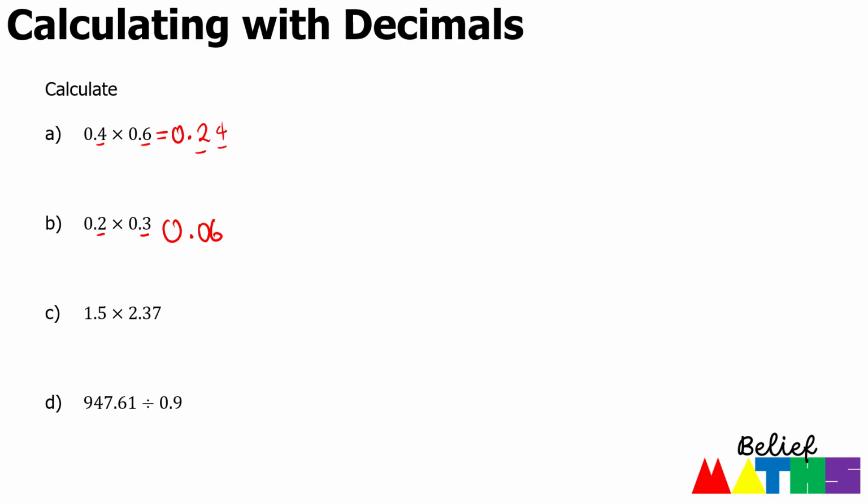The third one, again, we're going to use the same logic, but what we're going to do is we're just going to do 237 multiplied by 15, and we're going to do this as if the decimals weren't there. So when we work that out, 7 times 5 is 35, 5 times 3 is 15, plus 3 is 18, carry your 1, 5 times 2 is 10, plus 1 is 11. Bring down your 0, and then 7, 3, 2.